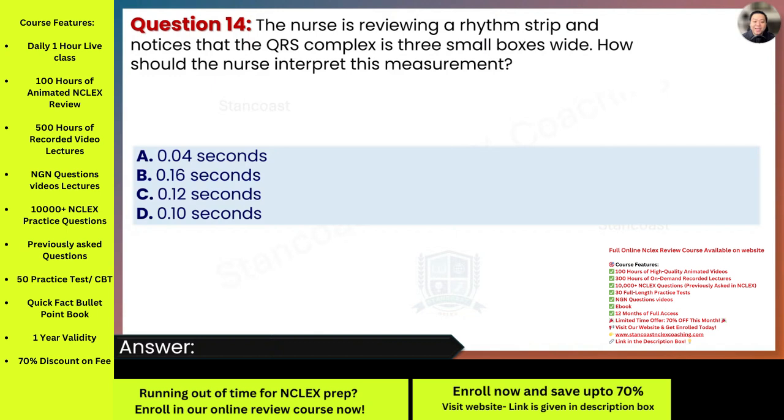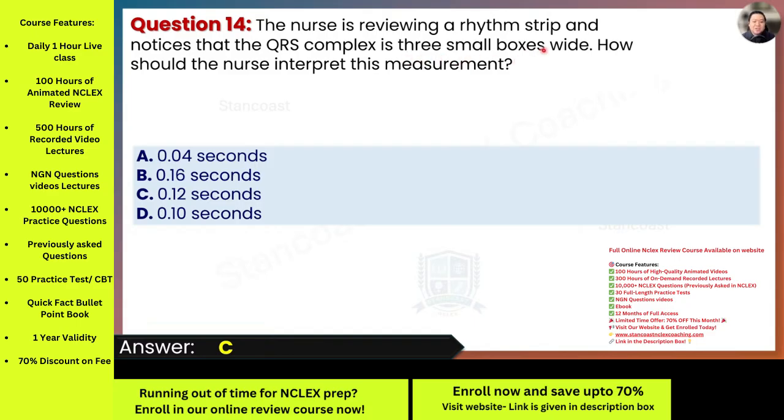And why is that? Now, when you're reviewing an ECG rhythm strip, I want you to understand first how to measure the width of the QRS complex accurately. In this question, the nurse observed that the QRS complex spans 3 small boxes on the strip.